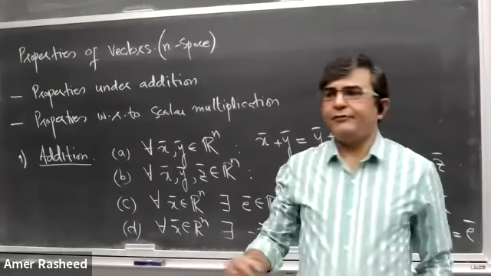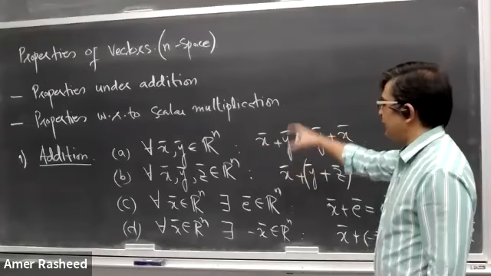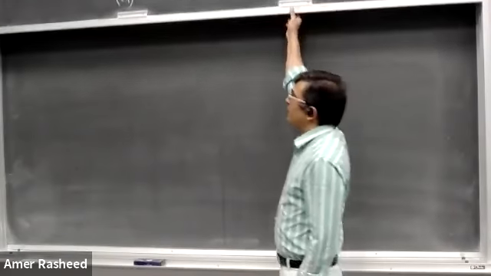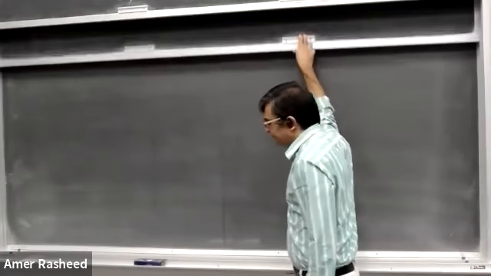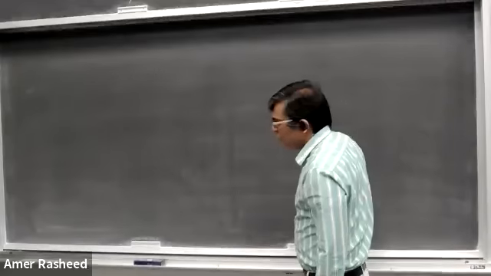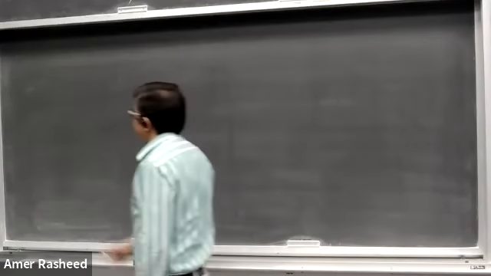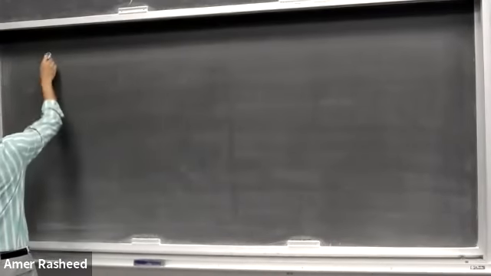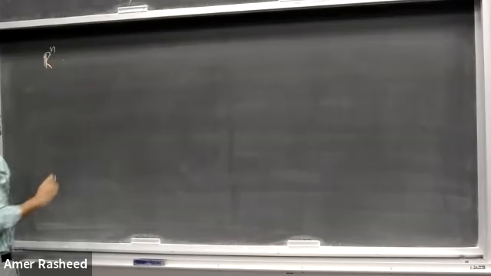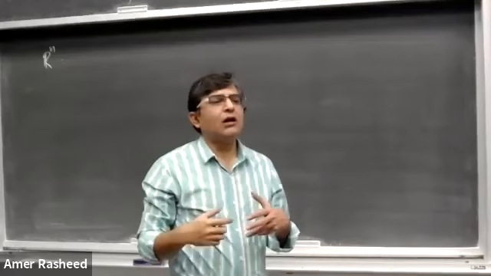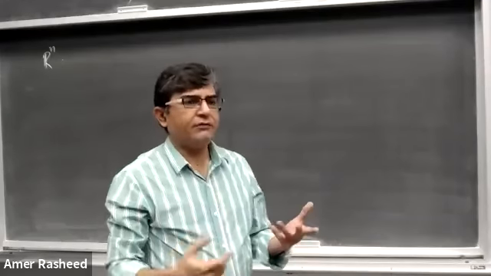So these were the properties we discussed with respect to addition. Now we are going to discuss some of the properties with respect to scalar multiplication. Again, first of all, for Rn, we should be given how to add two vectors and how to do the scalar multiplication with a vector.